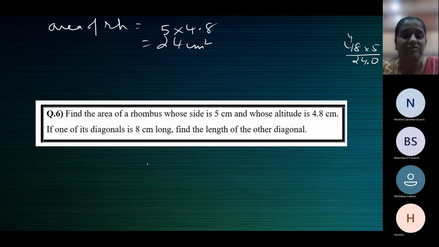If one of its diagonals is 8 centimeter long, find the length of the other diagonal. Now we know that the area of the rhombus is 24 centimeters square.